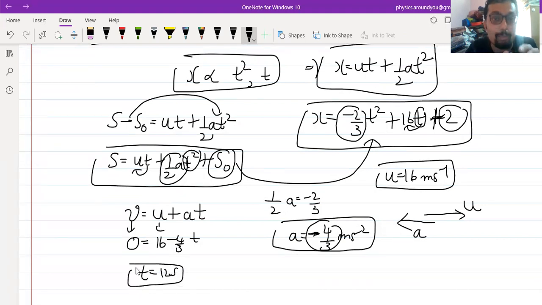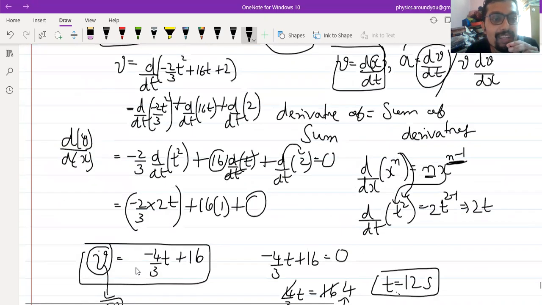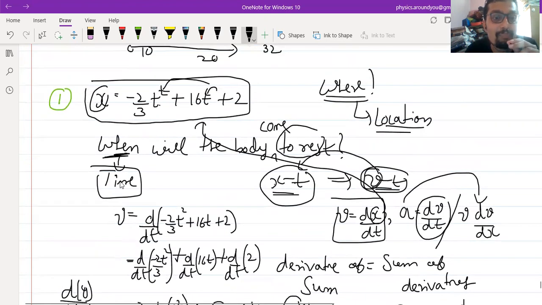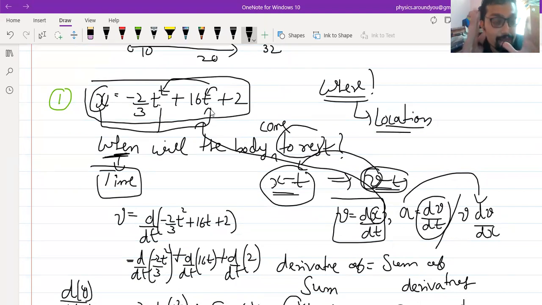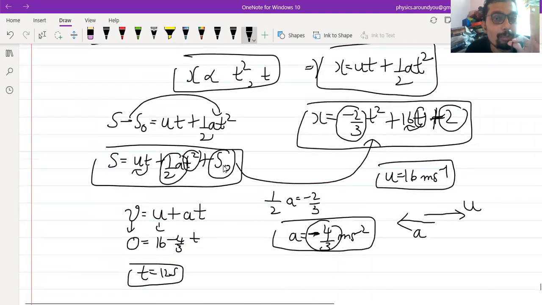Okay, a shortcut. But for this shortcut to work, whenever you are looking at the relation between x and t, you should always look for t square and t dependence. Whenever x is dependent on the square of time and linear in time, t power 1, then you can definitely compare it with this standard form and get whatever information you can about the particle, the easiest way.